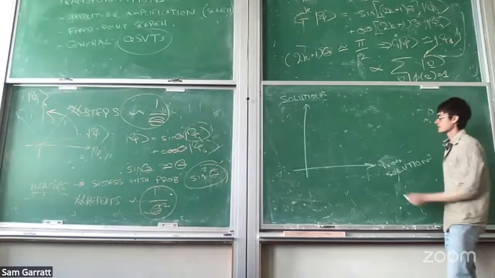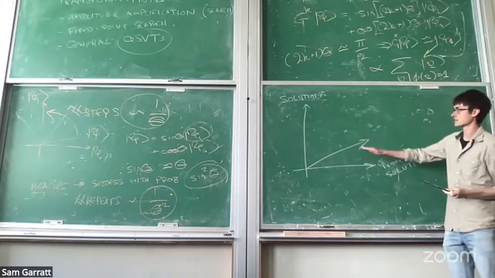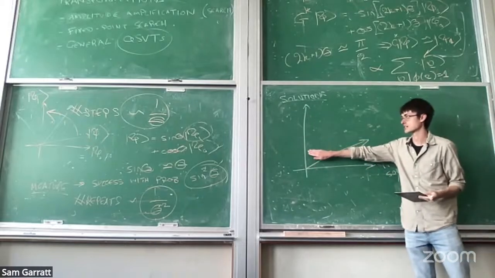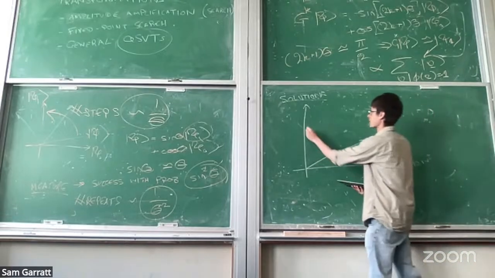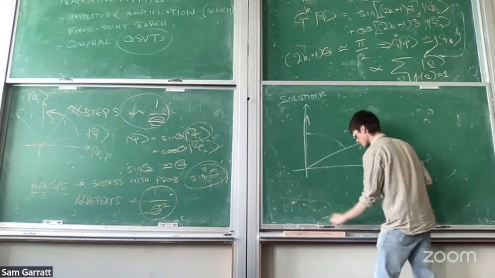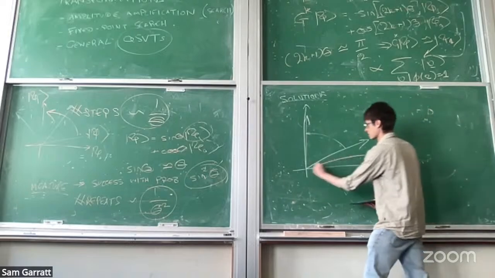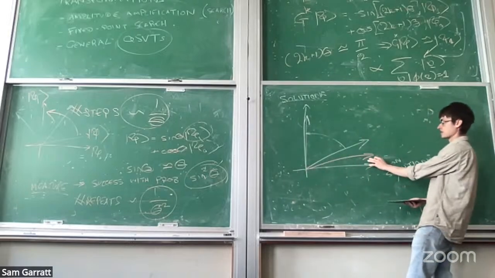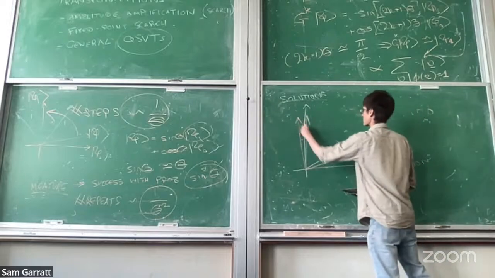And what we'd like is that if we start with a state that looks like this, that is to say, a state that has quite a lot of weight in the solution space already, then we would like this state to end up basically close to the solution space, okay? Similarly, if there aren't many solutions, so our initial state is here, we would like that even then we still end up close to the solution space.